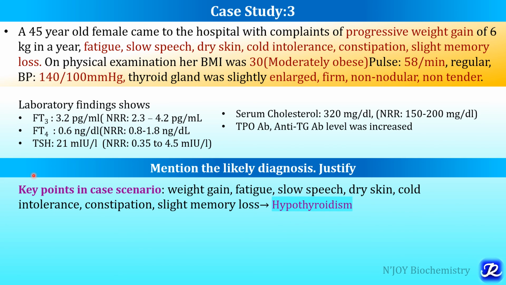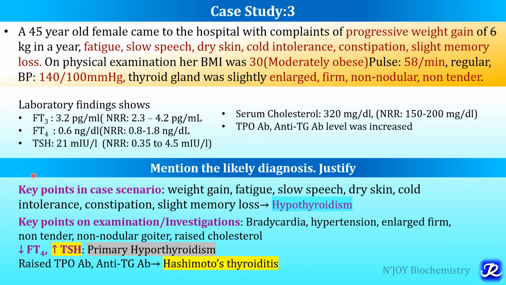Now key points in the case scenario like weight gain, fatigue, slow speech, dry skin, cold intolerance, constipation, slight memory loss, all these are suggestive of clinical features of hypothyroidism. Now what are the key points on examination and investigations which are suggestive of hypothyroidism?